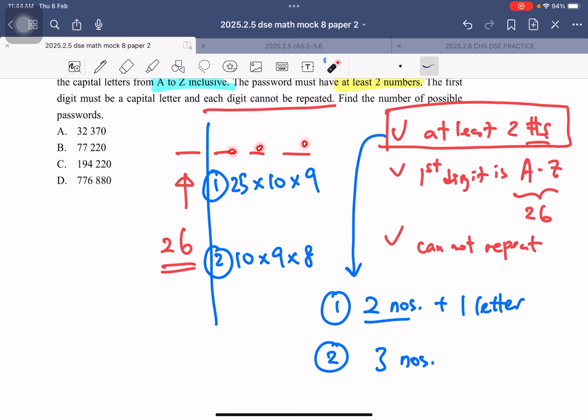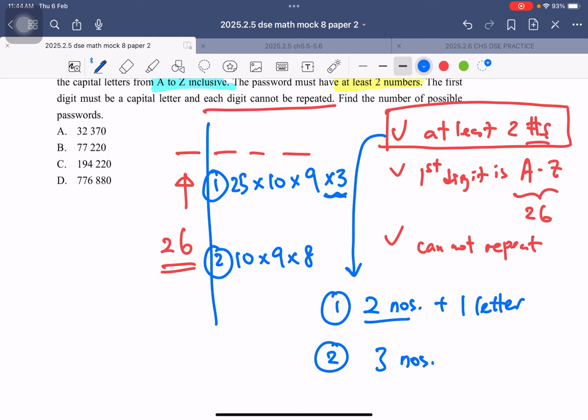If you switch it, it'll be the same answer. So you need to times 3. Oh, no wonder why I was actually getting B. The reason why you need to times 3 is the letter here can be the second digit, the third digit, or the fourth digit. There are 3 different cases to consider.